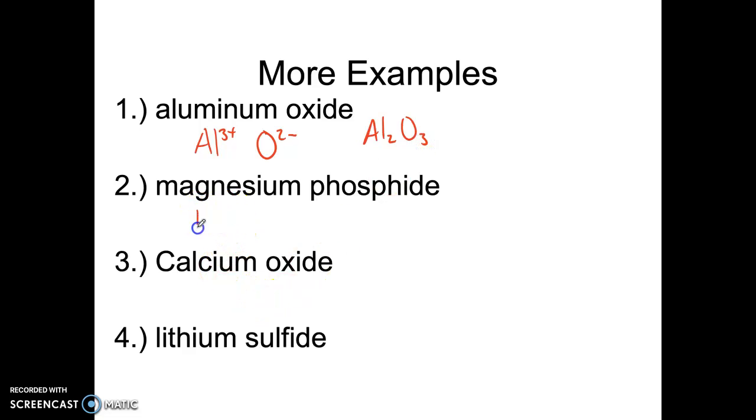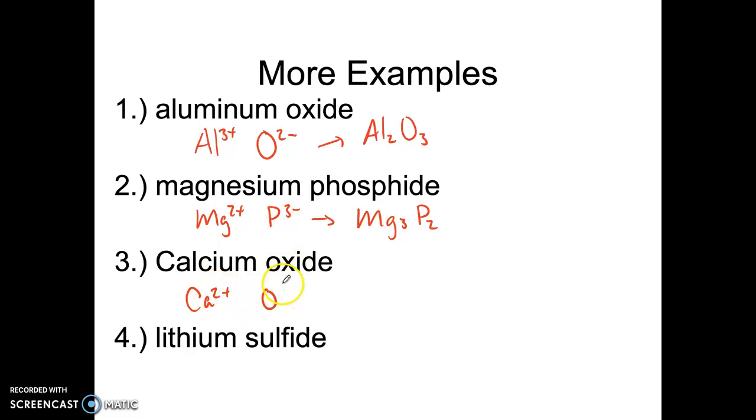Okay, then we have magnesium and phosphide, which is phosphorus. Magnesium is 2+. Phosphorus is 3-. So we're going to switcheroo again. So that, I'm just going to draw an arrow here, gives us Mg3 and P2. Okay, calcium oxide. Calcium is a 2+.